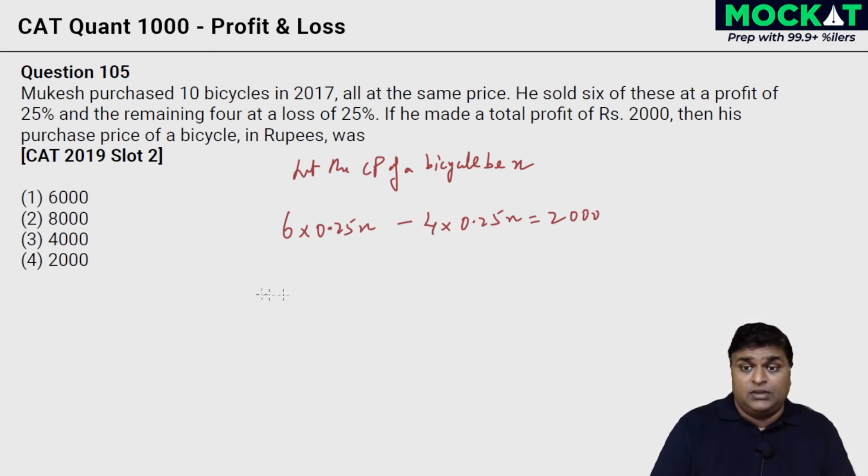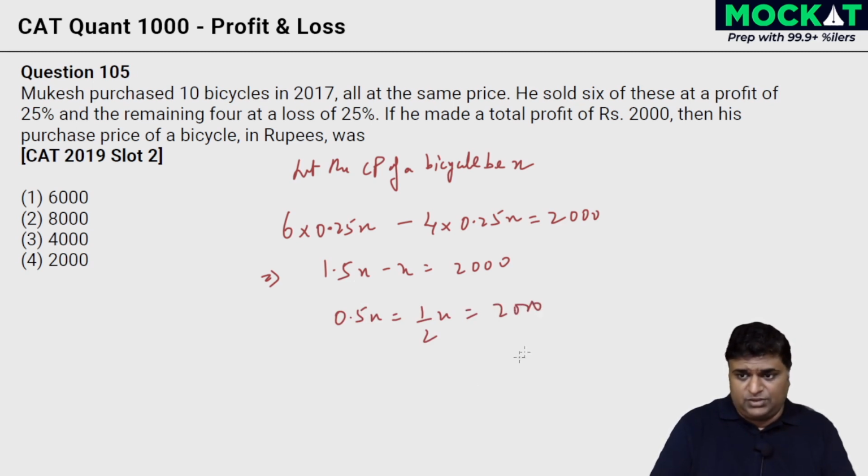So now next step is going to be, just multiply this, 1.5x, and then you have a minus x equals 2000, and this is nothing but 0.5x. 0.5x can also be written as half an x equals 2000, x equals 4000, right? We are once again going to get the same answer.